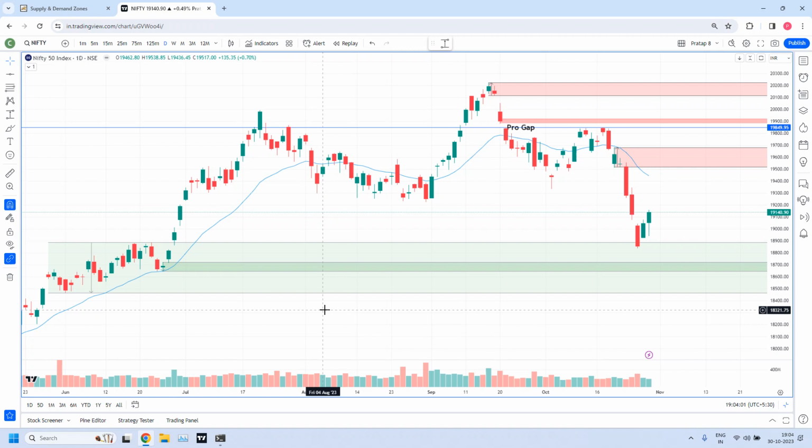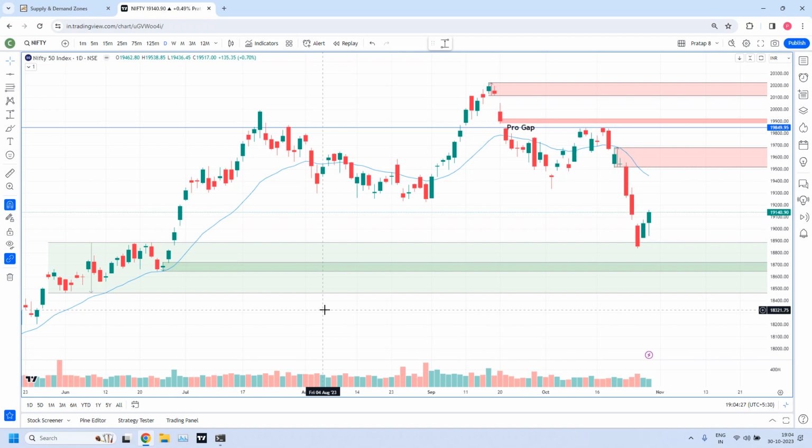We got success in all the three zones, but one needs special skills to understand those trades, so I'll explain about them. And also one short trade was generated, a high liquidity supply zone, and the trade is not triggered today.